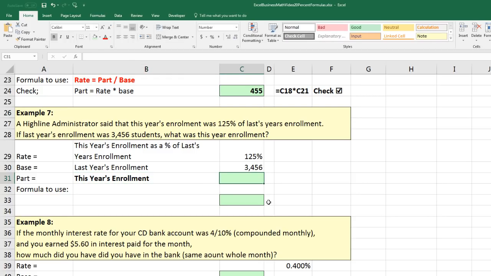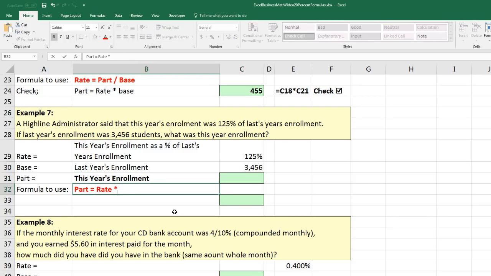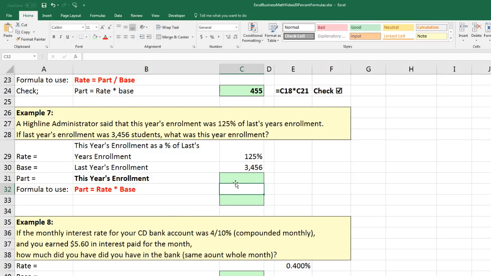This year's enrollment, tab. The formula we want, part equals rate times base, tab. All right, so you ready? Equals, there's the starting point, times a rate more than 100%. That means we'll end up at a bigger number than our starting point. So that means we increased to 4,320.